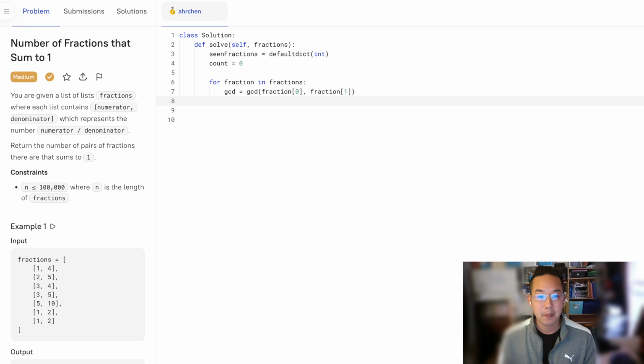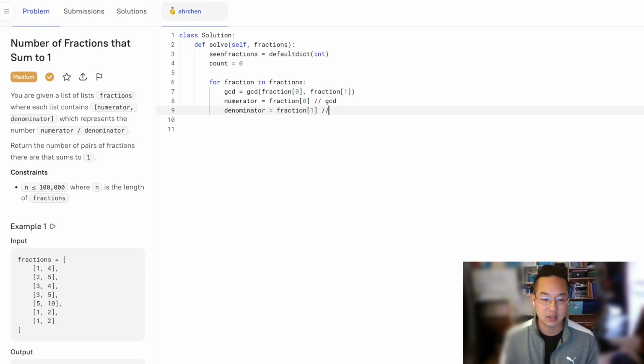of those two numbers. Then the numerator is equal to fraction of 0 divided by the GCD, and the denominator is equal to fraction of 1 divided by GCD.